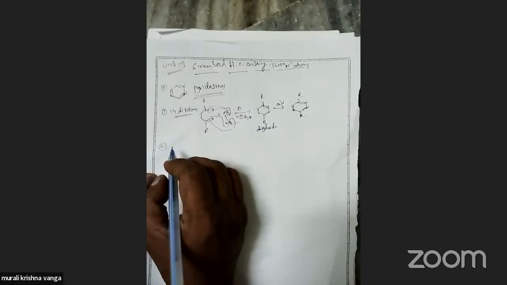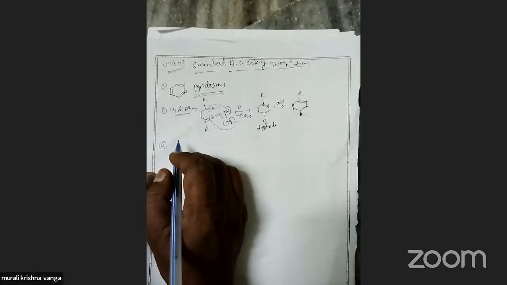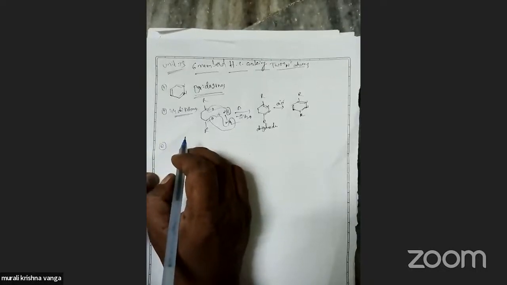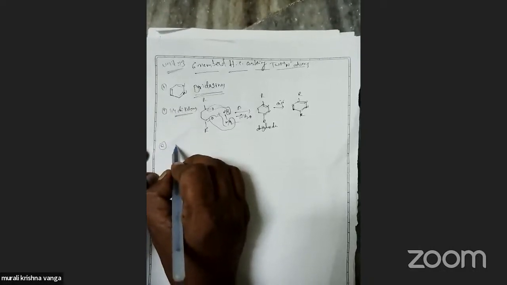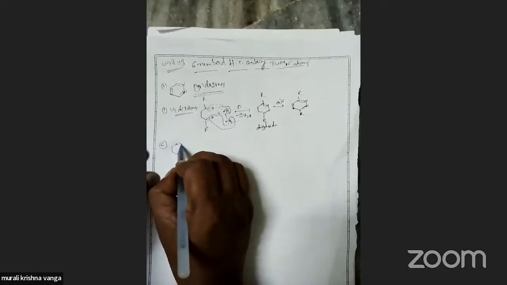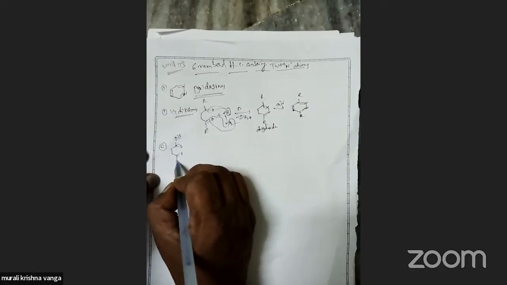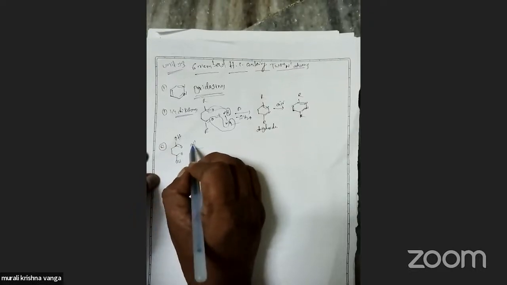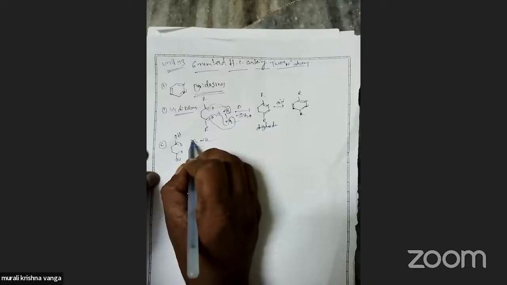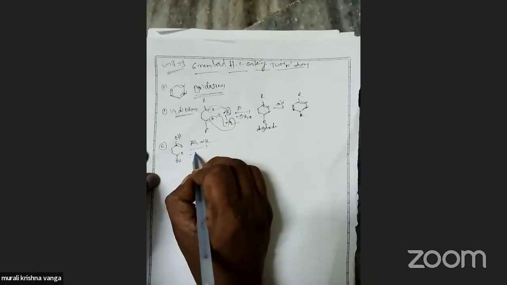If we take the second synthesis, from gamma keto carboxylic acid, that is gamma dicarboxylic acid or gamma keto carboxylic acid, this compound reacts with hydrazine with loss of 2 moles of water.